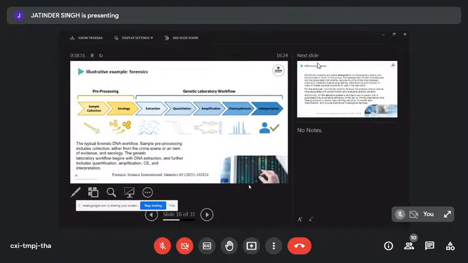So we're now on to the little talk-through on the learnings done in developing an approved system for forensic detection. In the forensic workflow, there's pre-processing done in the lab. A crime has been committed, the forensic team comes in.